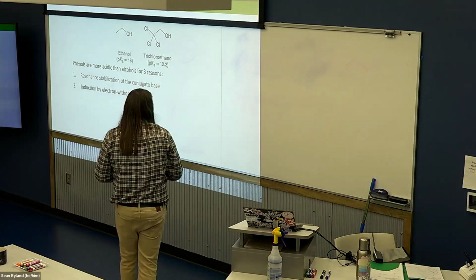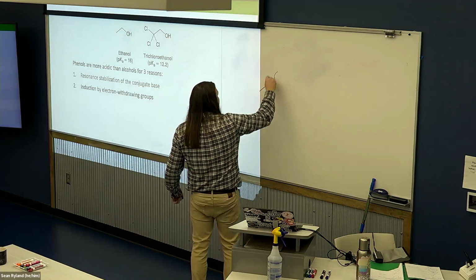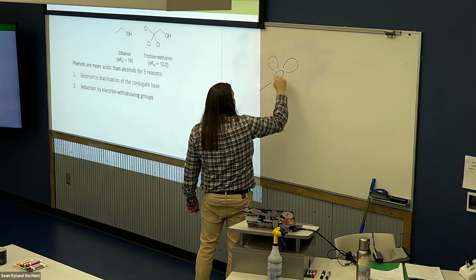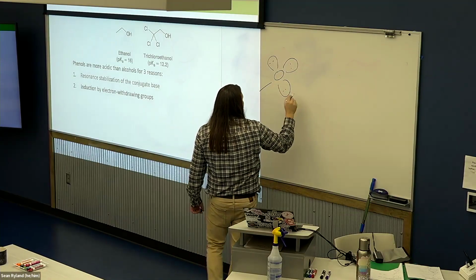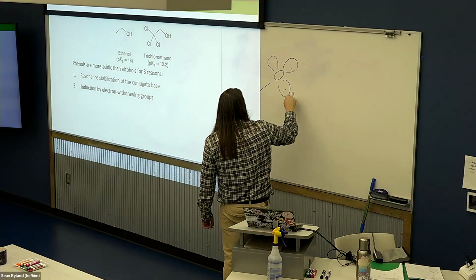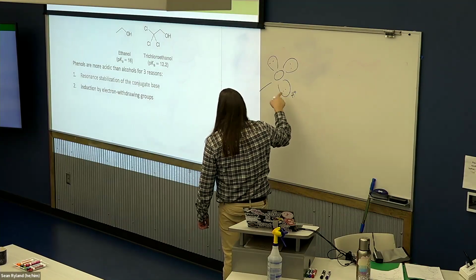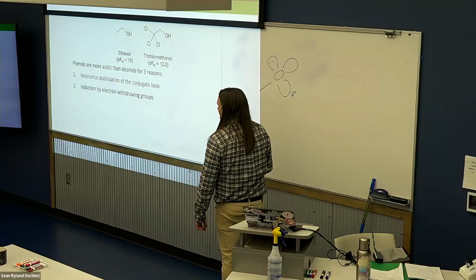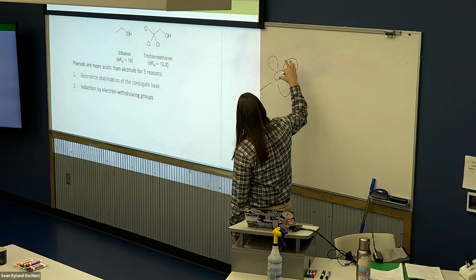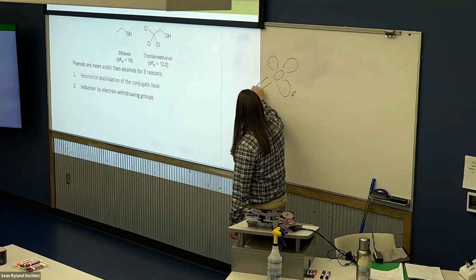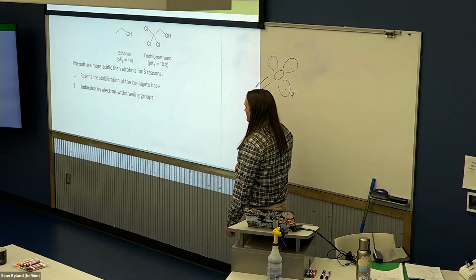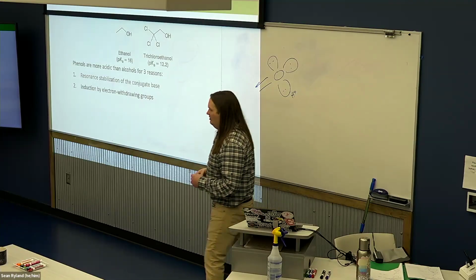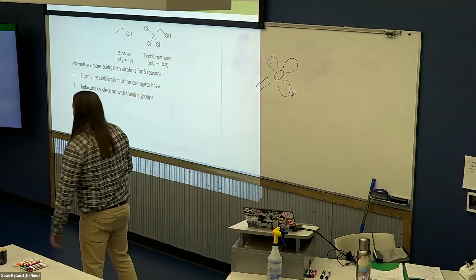Because basically you've got all this electron density, and your hydrogen, your H plus, is basically just stuck to one of these clouds of electrons. And so if you can pull the electron density this way, that's going to make that hydrogen a lot easier to pull off. It's not stuck there as strongly.